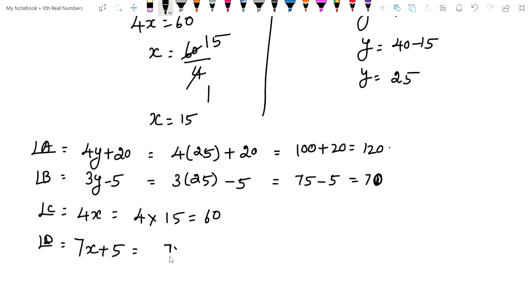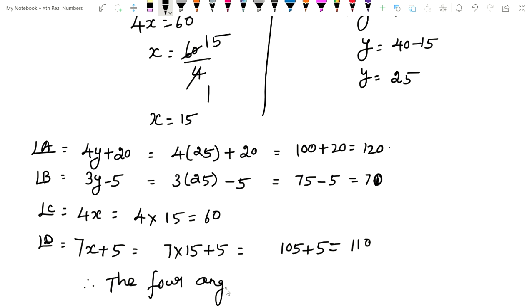So 7 into 15 plus 5. 7 into 15, what you will get, children? 105 plus 5, you will get 110. So therefore, the four angles are 120 degree, 70 degree, 60 degree and 110 degree.